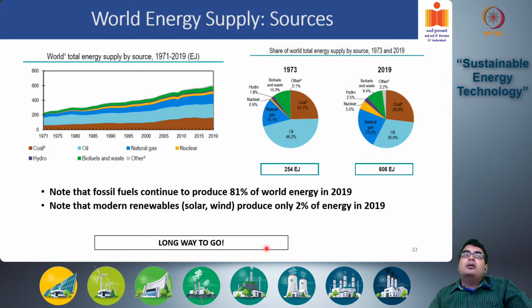Then you have energy from biofuels. This can be traditional biomass. So for example, when villagers use firewood or charcoal for their cooking stoves, ovens, etc., that is a use of traditional biomass for heating, cooking applications.